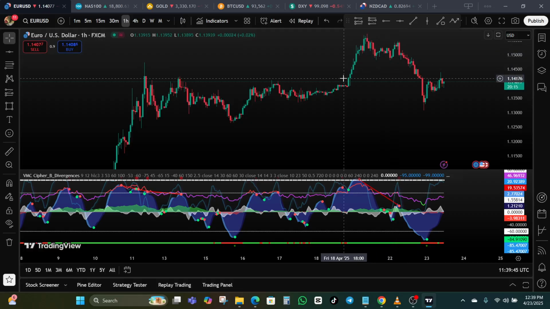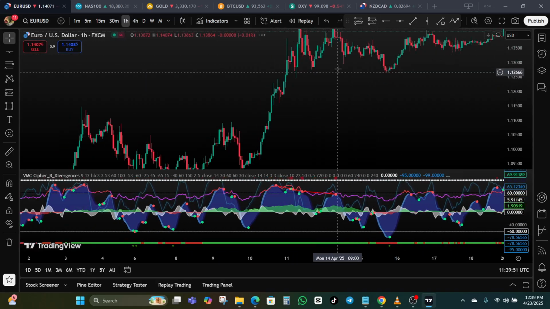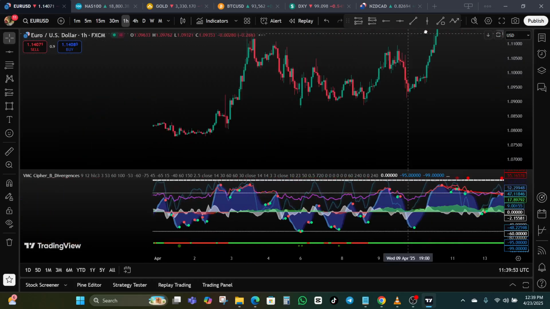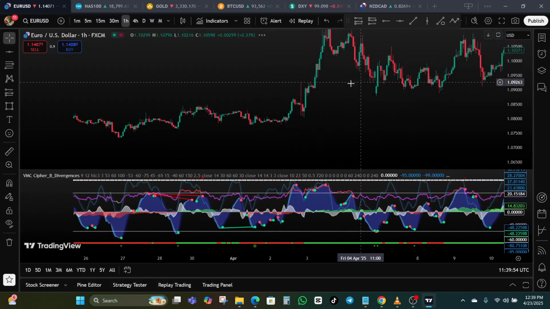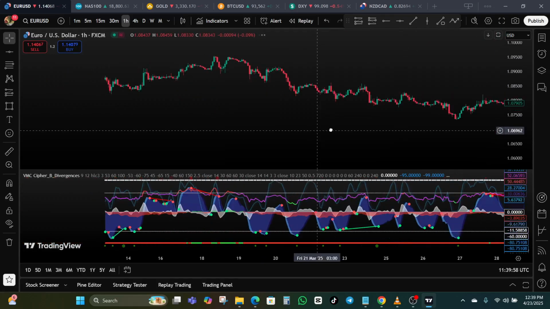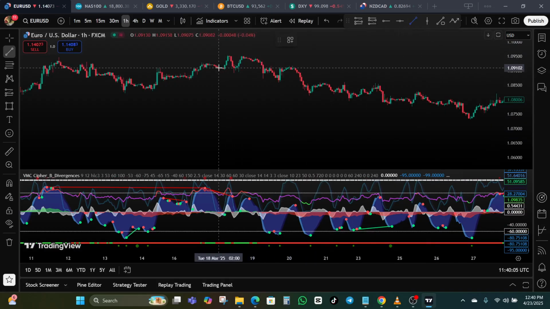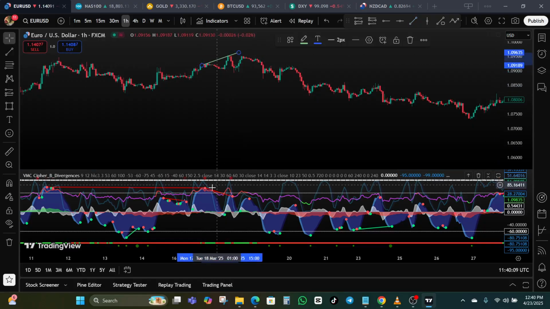For a bearish divergence, price makes a higher high. I want to look for a very valid example that we can identify by ourselves. So price makes a higher high, like what we can see happen here, while the indicator makes a lower high.